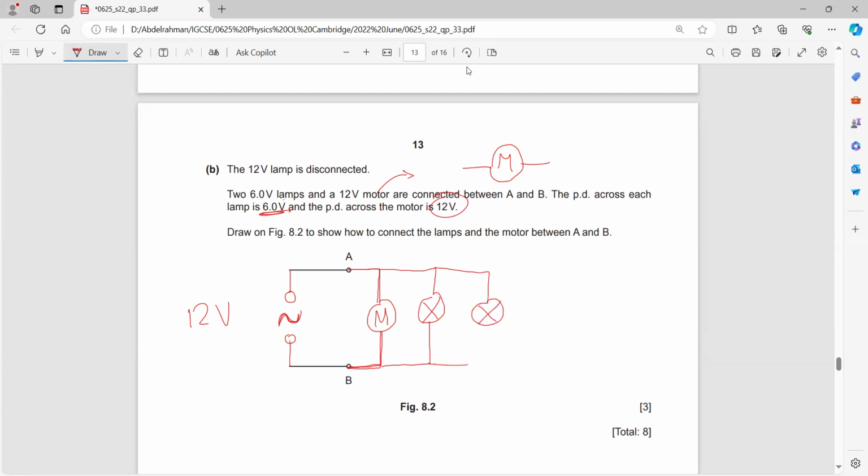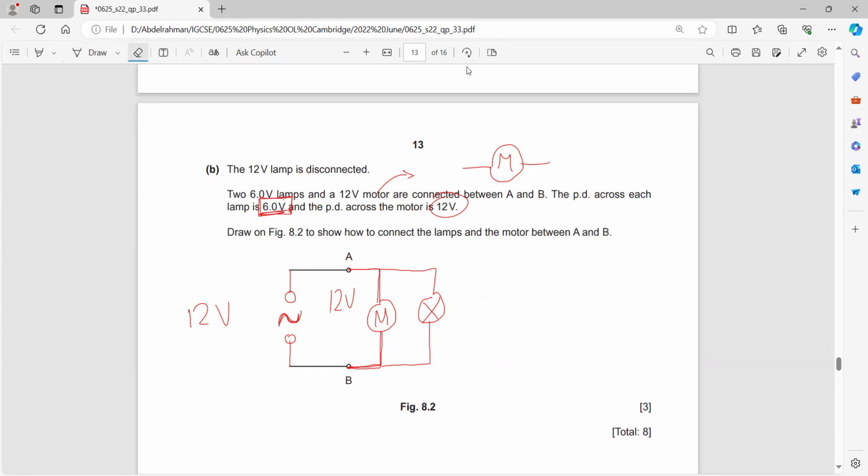They will get the same amount of voltage, 12. So the motor receives 12 volts and the lamps receive 12 volts, which is wrong for this question. Each lamp requires 6 volts, so this connection is wrong. Do not draw it.